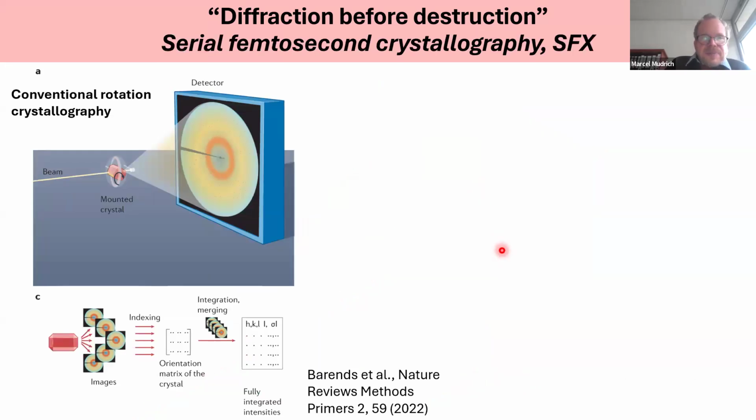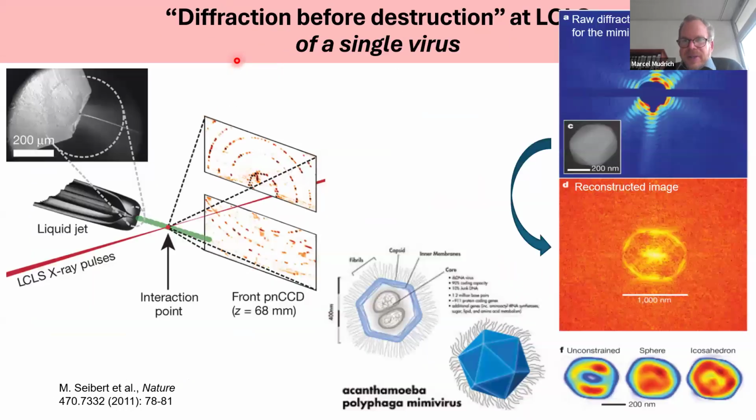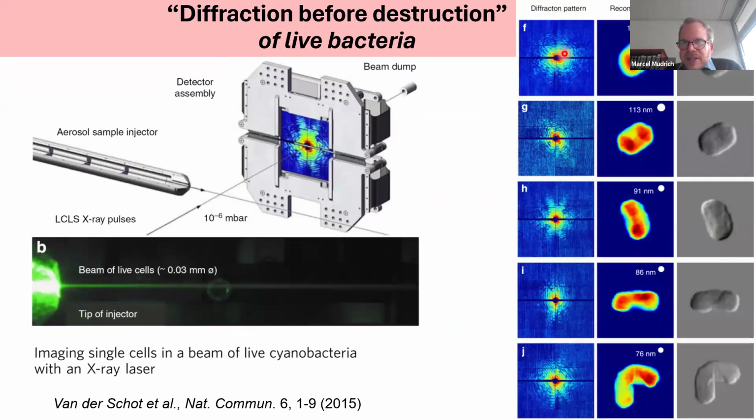Nowadays, one of the latest developments in free electron laser science is that these pulses now come at very high repetition rate, up to a megahertz, and that is good news for these single shot imaging studies, because I mentioned that every single shot looks different, even for nominally the same type of bacteria in this case.